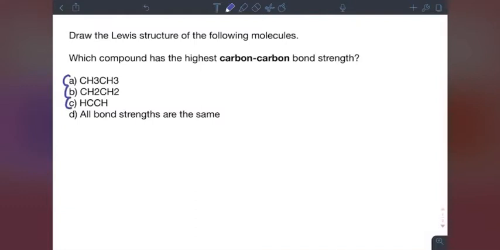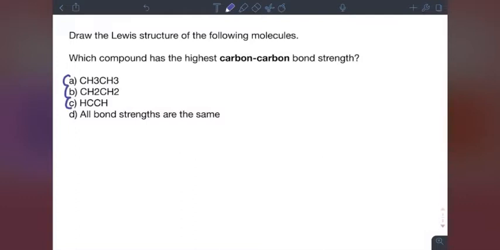I really encourage you all to try to pause this video and try and draw these Lewis structures out yourselves. It'll be good practice, and come back so we can work this problem together.